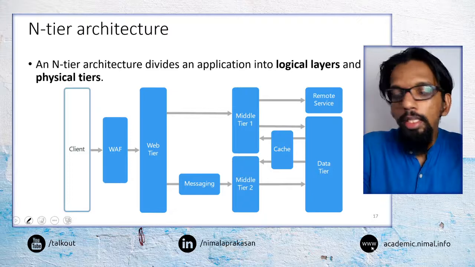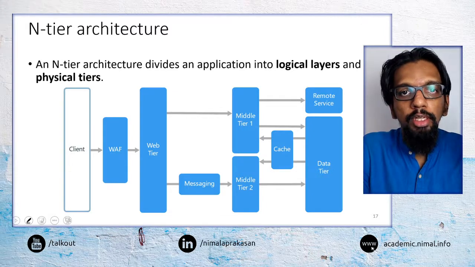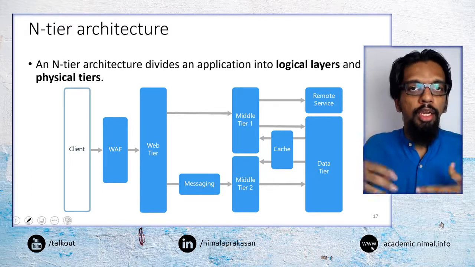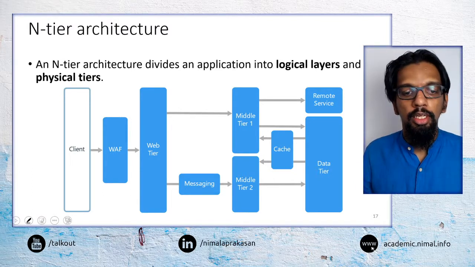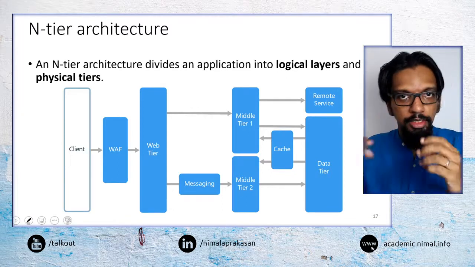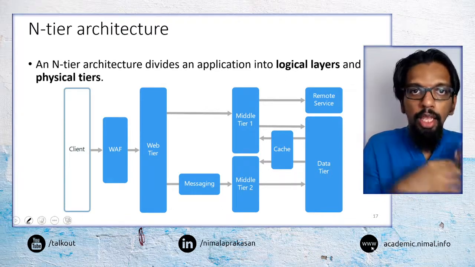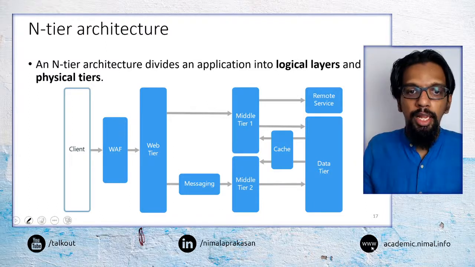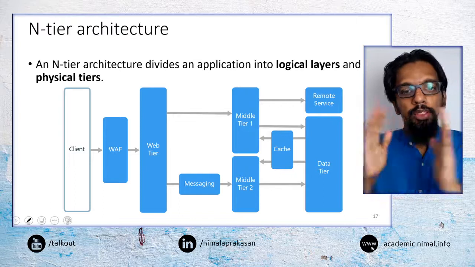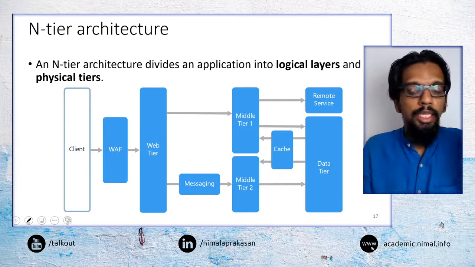Then another variation we can have in this type of architecture is what is called the N-tier architecture, or multi-tier architecture. Here we are again splitting the layers, but it's now not just 3 layers or 2 layers, now many layers. We are splitting them into many different layers based on our applications and so on.